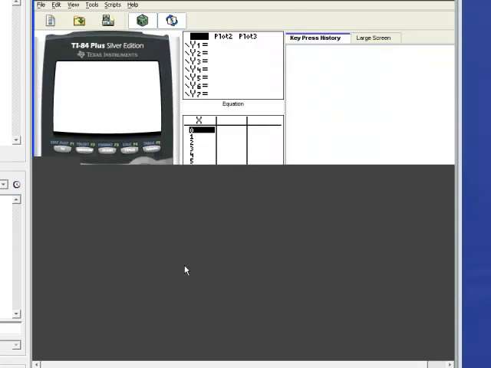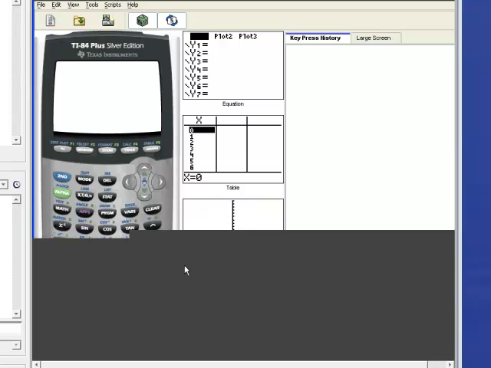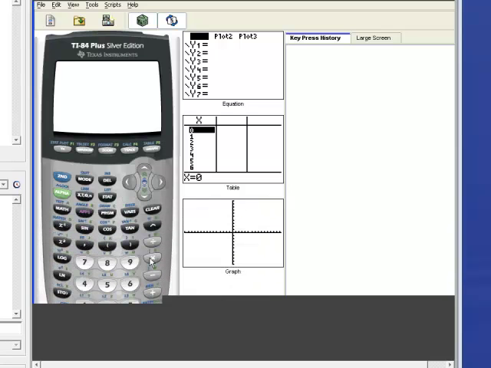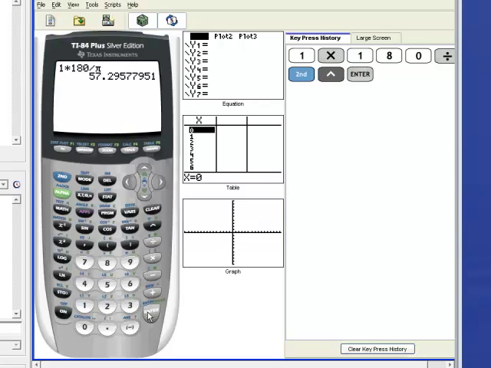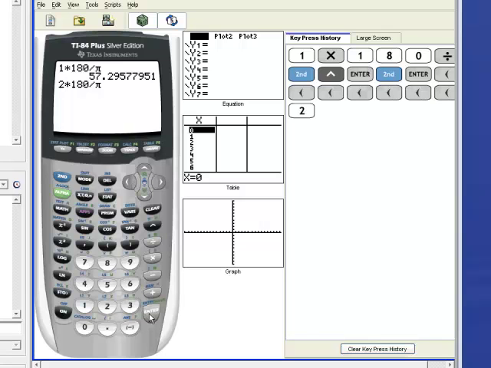Okay, so the first one was 1 times 180 divided by pi, 57.3 degrees. The next one is 2 radians times 180 divided by pi, of course, should be 114 degrees, 114.6. The next one is 1.3 radians.